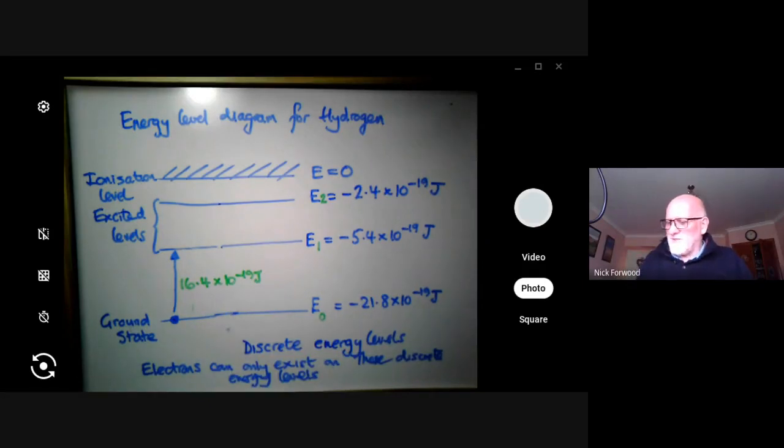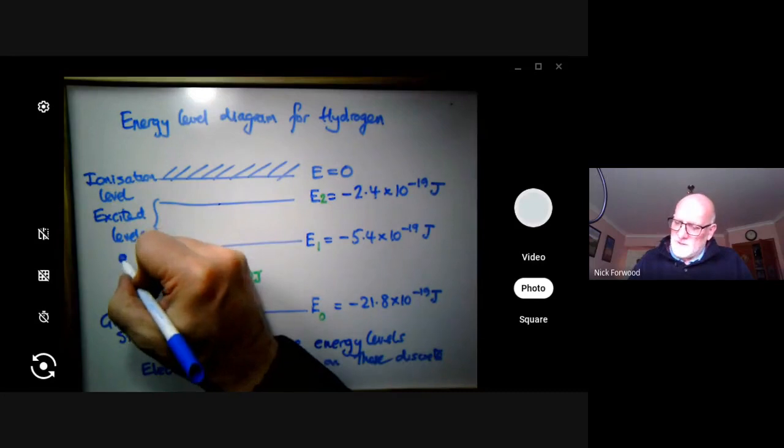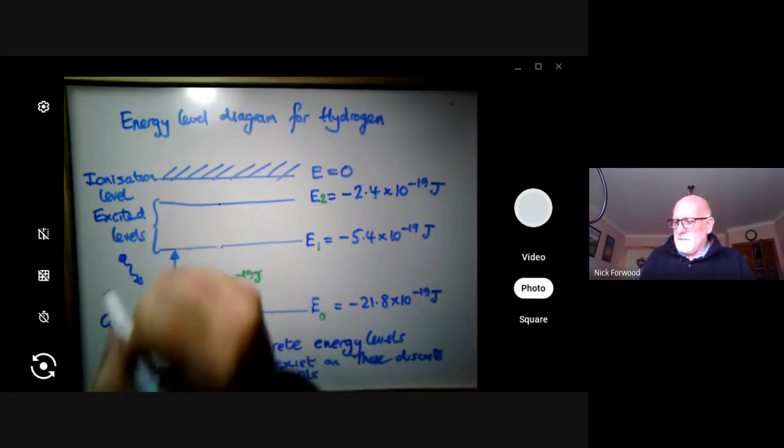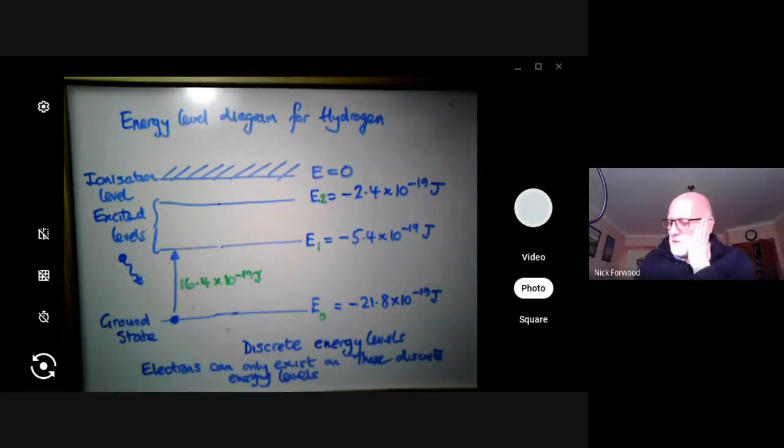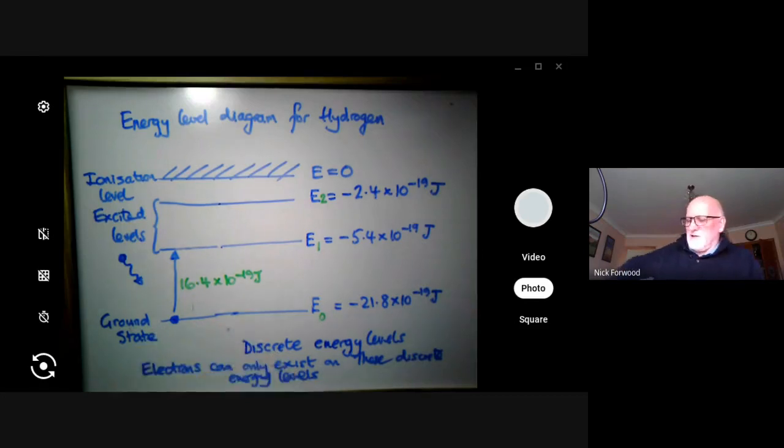So how could it get that energy? Well, it can get that energy from a photon. And a photon can come in here. If the photon carries 16.3 units of energy, then this electron isn't interested, and the photon just disappears, and it goes through and comes out the other side of the atom somewhere, and the electron says, I'm not interested.